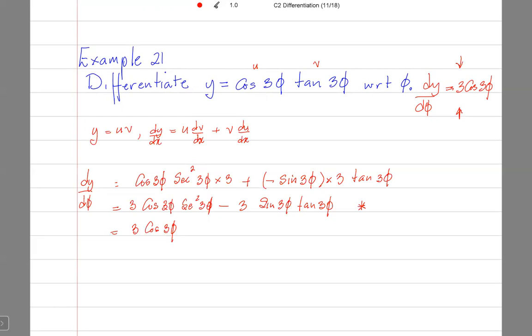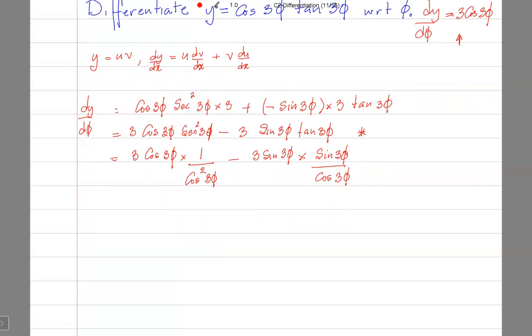But since I know, let's continue working. Sec is the same as saying 1 over cos. So this is 3 cos 3 phi times 1 over cos squared 3 phi, minus 3 sine 3 phi. Tan is the same as saying sine over cos, so this is sine 3 phi over cos 3 phi. Stay with me.